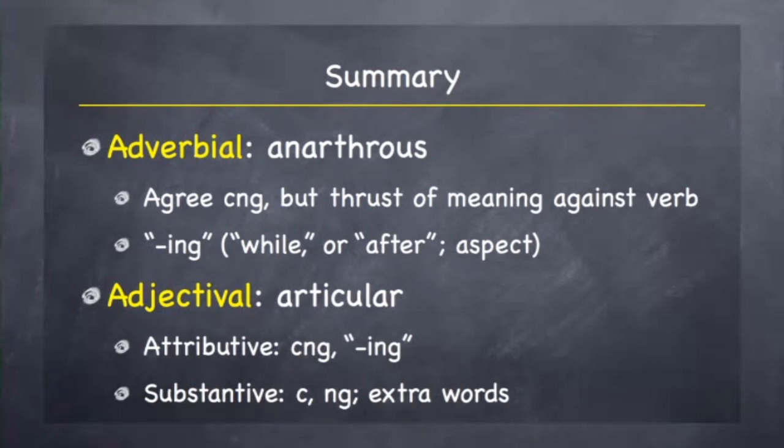But adjectival participles can also function substantively as nouns. In this case, just like with adjectives, the case is determined by its function in the sentence, the number and gender by what it's referring back to, and you will probably have to add in extra words to make this English in your translation.